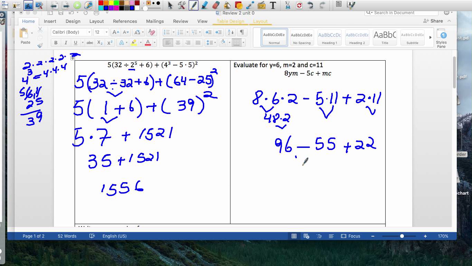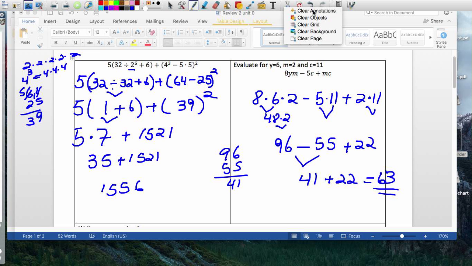Okay, so we're going to take care of these two. So 96 minus 55 is 41, which I can add to 22, and that's simply going to give us 63. Okay? Alright, so we'll move on.